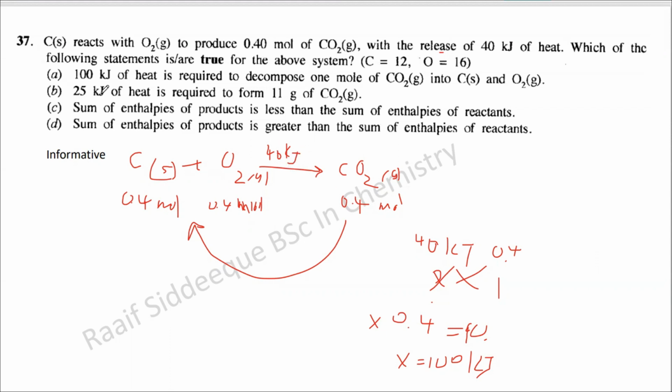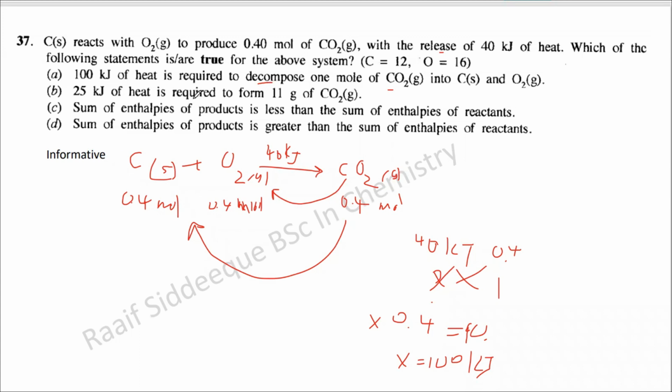When 1 mole of carbon dioxide is going to decompose, we should give energy to decompose, right? Because here carbon dioxide, when forming, releases energy. So when you want to decompose, moving the reaction towards the other side, we have to give energy. So for 0.4 moles, 40; for 0.8 moles, 80; for 0.2 moles, another 20. So 100 kilojoules. You see this? That is what they have given.